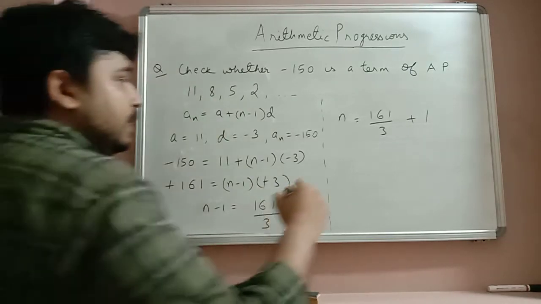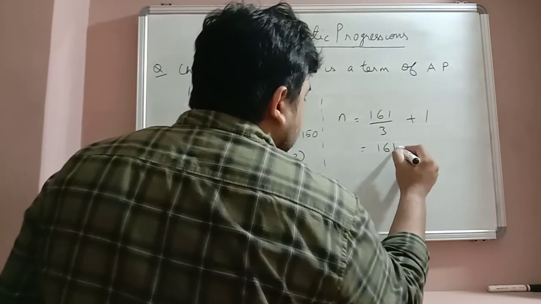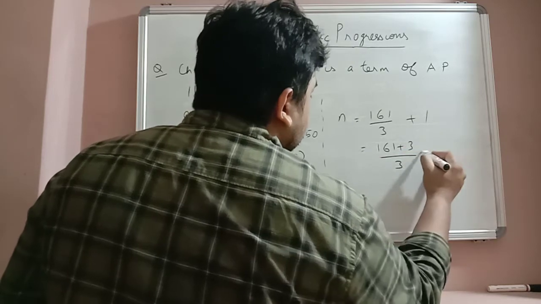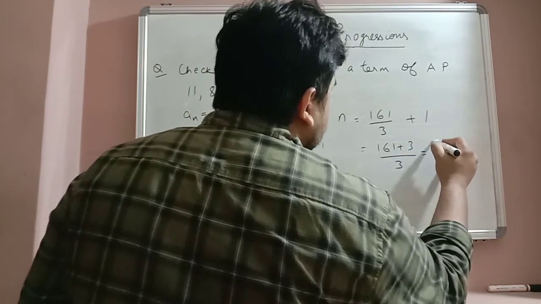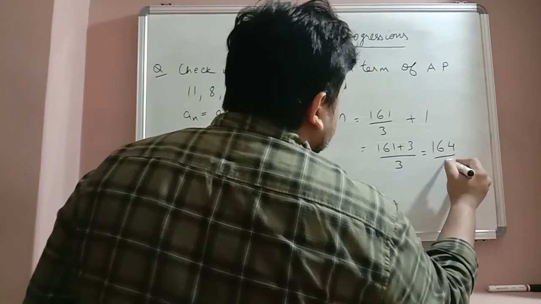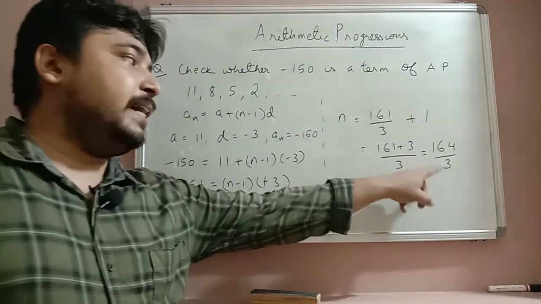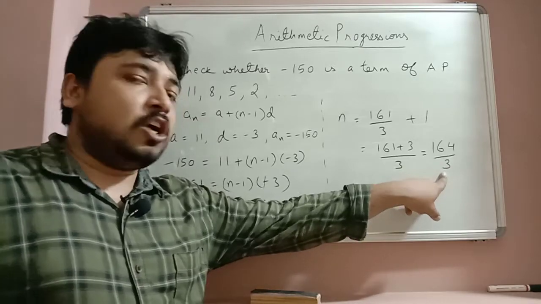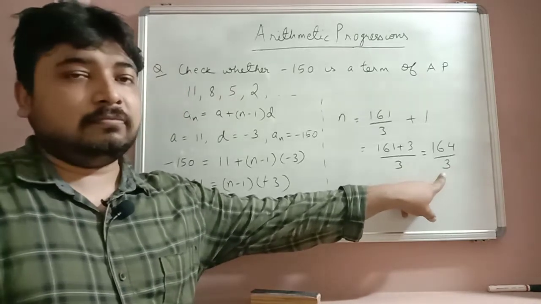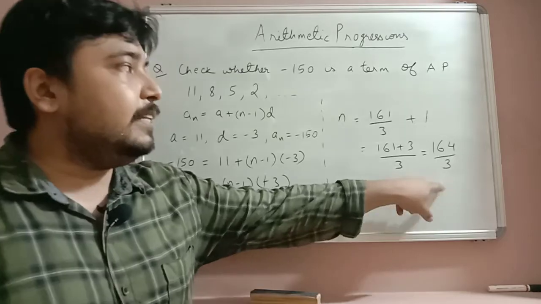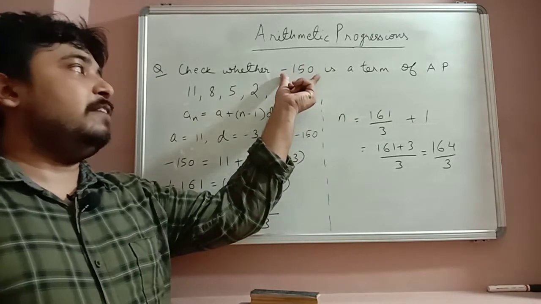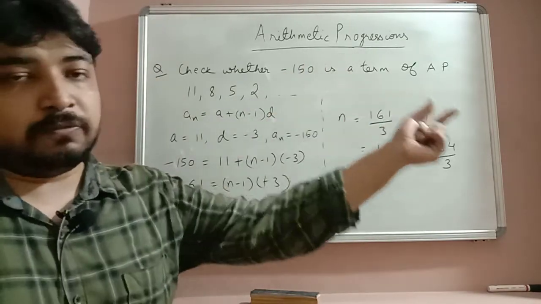Now this particular expression can be written as 161 plus 3 by 3, which turns out to be 164 by 3. Now this 164 by 3 is not an integer. So since this is not an integer, minus 150 is not a term of the AP.